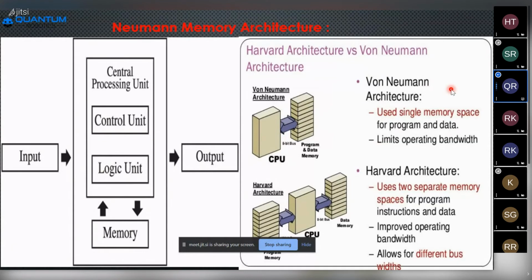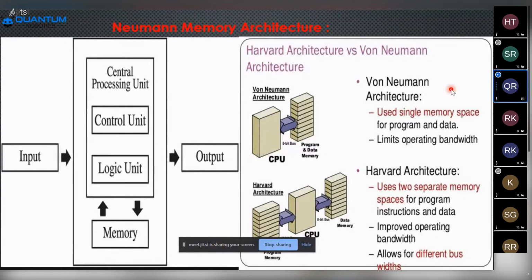In the Von Neumann, they are using only a single one, but here they are using two separate memory spaces for program instructions and the data. And the second point is the improved operating bandwidth. In the Von Neumann they give a limited bandwidth, but here the operating bandwidth is improved, meaning it will increase according to our use case.